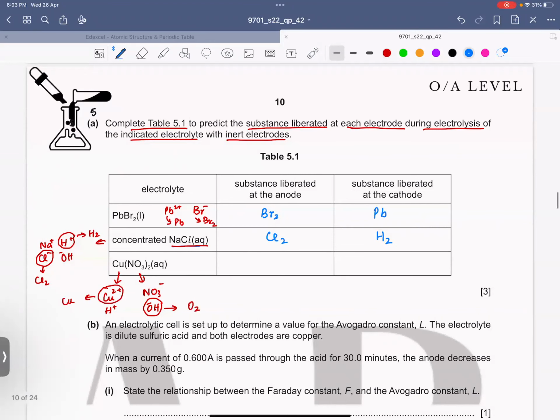So the substance liberated at the anode would be oxygen gas, and at the cathode would be copper metal. Is this understandable? If anyone has any doubt, kindly ask.